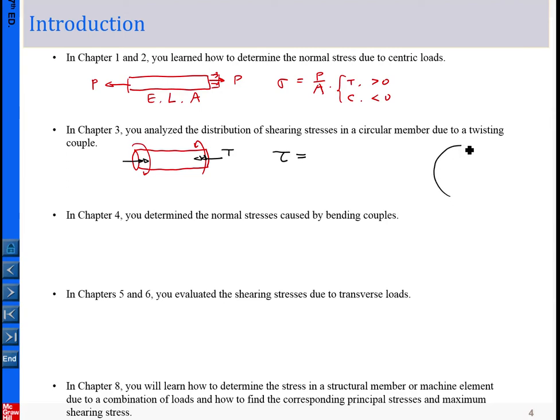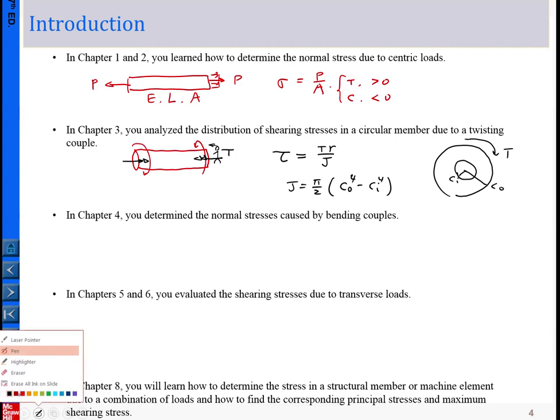Let me take the cross section here and view it from this side. This is the center, and the torque is applied in that direction. The magnitude is TR over J. For a hollow shaft with inner radius Ci and outer radius Co, J is pi over 2 times Co to the fourth power minus Ci to the fourth power.